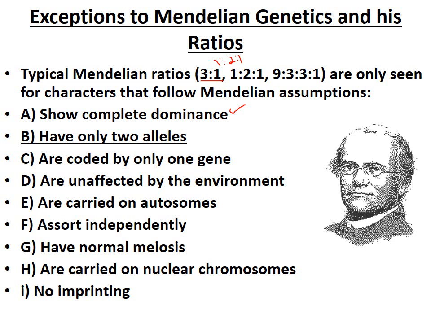Another assumption that Mendel had is that there's only 2 alleles. So for flower color, there's only big R and little r, or just CR and CW. But in some cases, there are some characteristics that have more than 2 alleles, and we're going to study one particular case in humans called blood types.